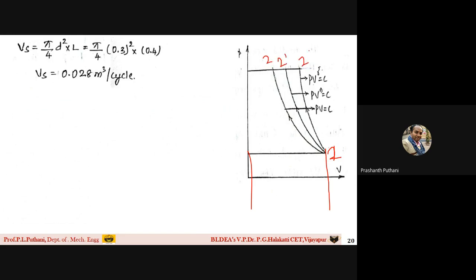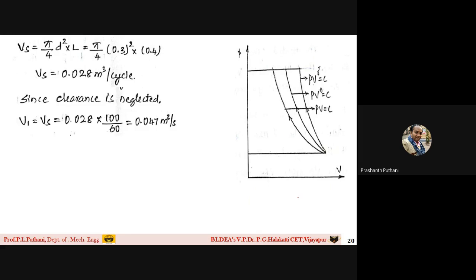This is position number 1. From origin to 1, there is only swept volume Vs. So Vs is equal to V1 according to this graph. Therefore, as there is no clearance volume here, V1 is equal to Vs, in meter cube per cycle, students.